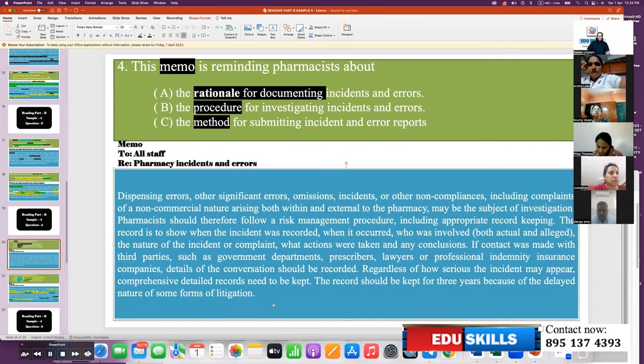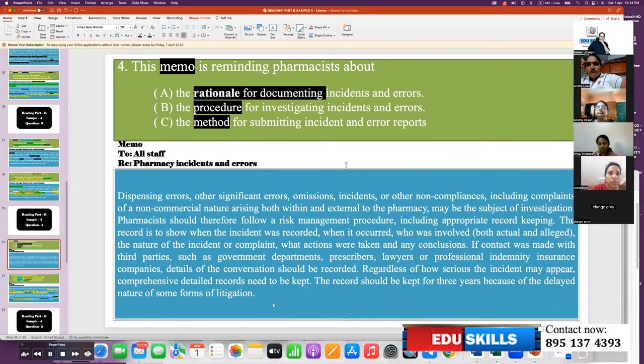Dispensing errors, other significant errors, omissions, incidents, or other non-compliances, including complaints of a non-commercial nature arising both within and external to the pharmacy, may be the subject of investigation. Pharmacists should therefore follow a risk management procedure, including appropriate record keeping. The record is to show when the incident was recorded, when it occurred, who was involved, both actual and alleged, the nature of the incident or complaint, what actions were taken, and any conclusions.